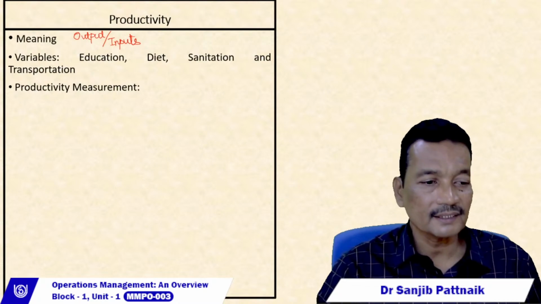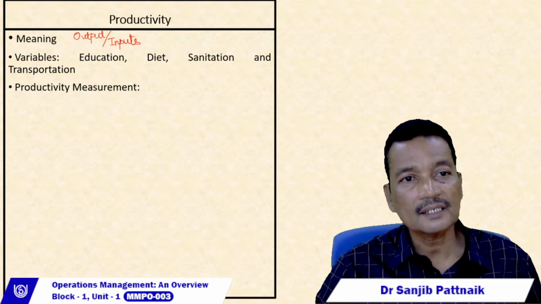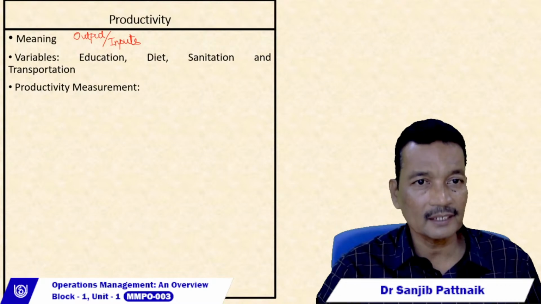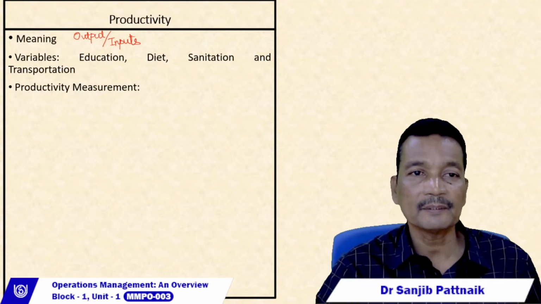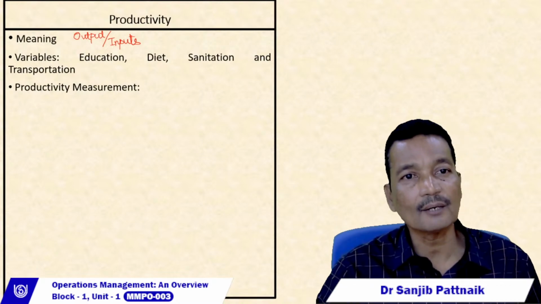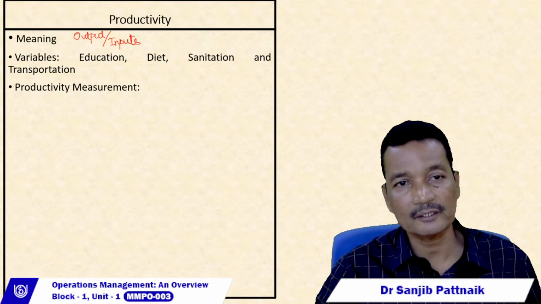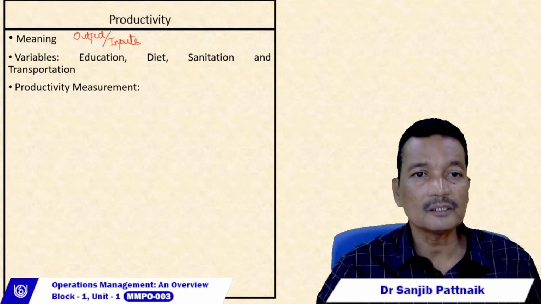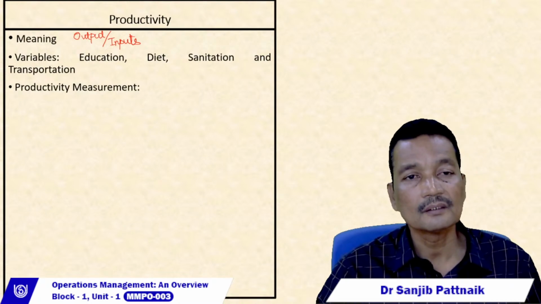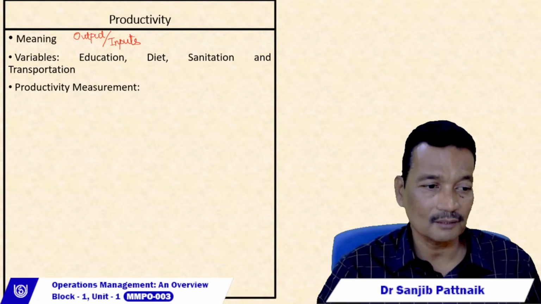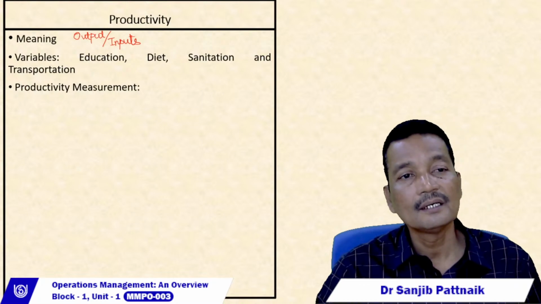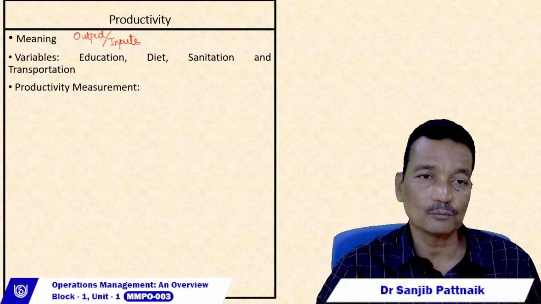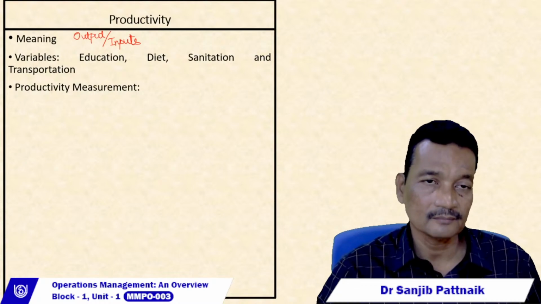Here we can say, higher the output for a given level of input, that means we are increasing our productivity, or our productivity has increased. This may be possible due to some of the variables we'll be looking at just now. This is a ratio between the output and inputs.